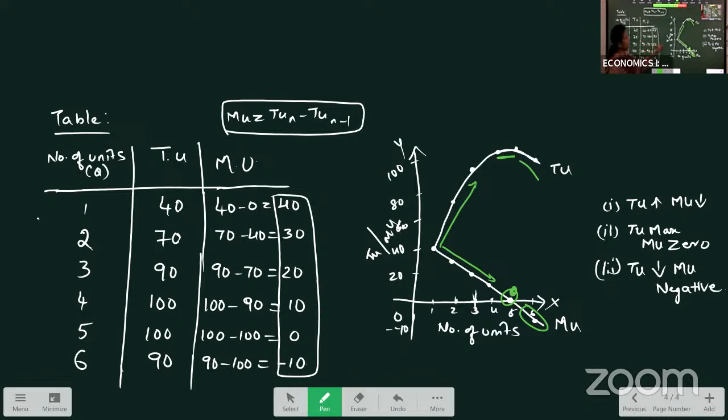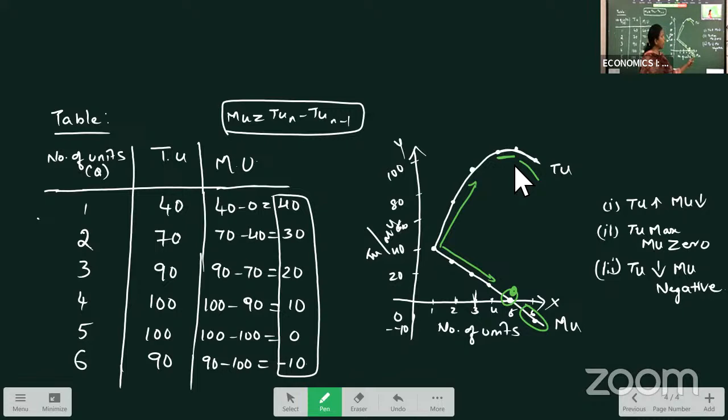Same thing you explain in the graph also, the curve you are observing. When TU increases, MU decreases. When TU is maximum, MU is 0. When TU decreases, MU becomes negative. When the consumer is getting negative satisfaction, will he consume the commodity?